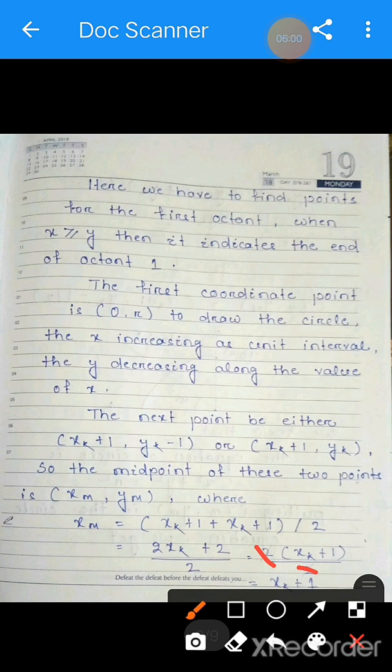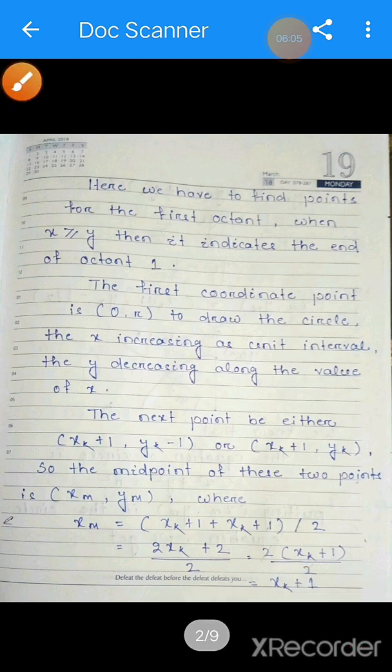Then what is left is only xk plus 1. That means the xm value is equal to xk plus 1.